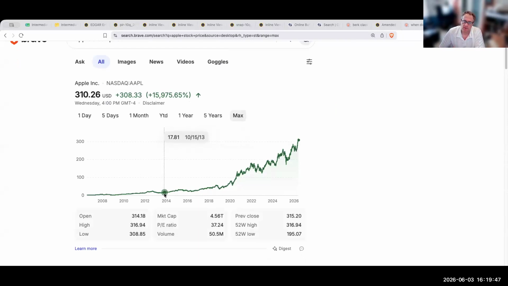So they split the stock. When a stock split happens, we call it a forward split.